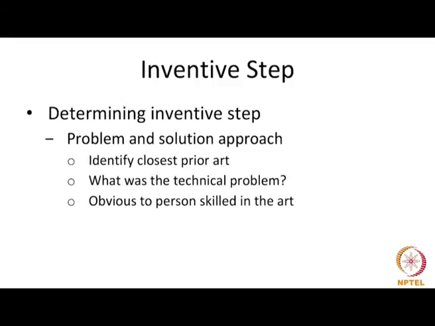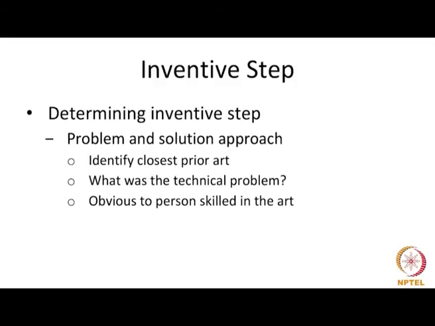So, as the starting point, the closest prior art, we will assume that it is a plain steel wire, and the objective technical problem, we will assume, is holding paper together without damaging them in any way, so that you could remove the papers and use them in their original condition.